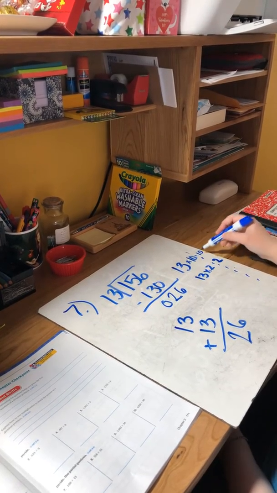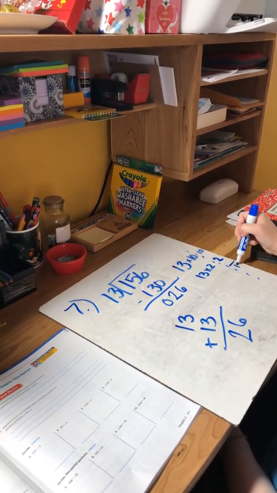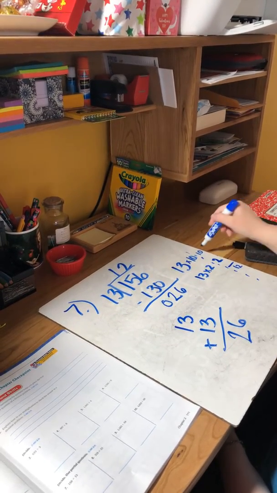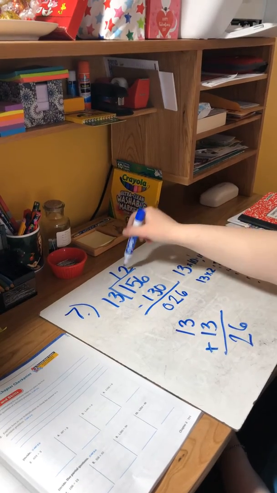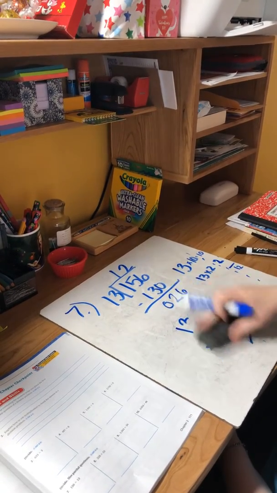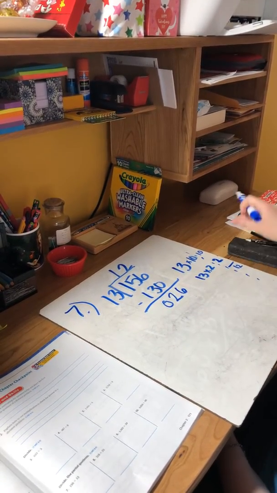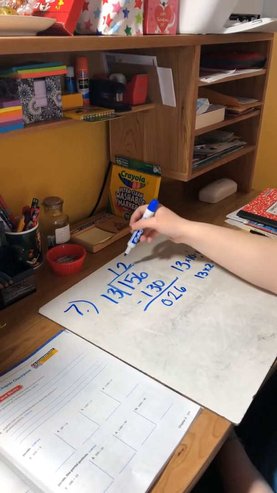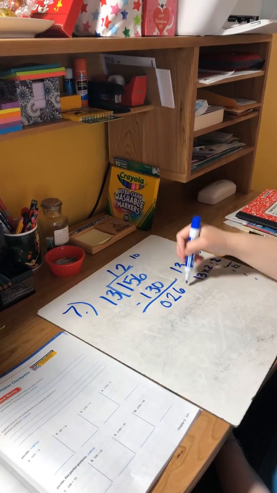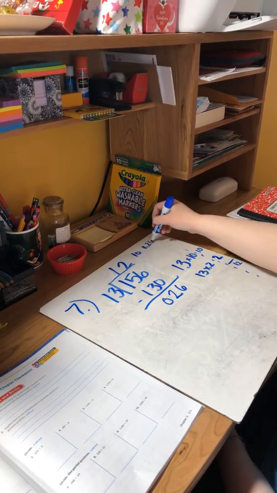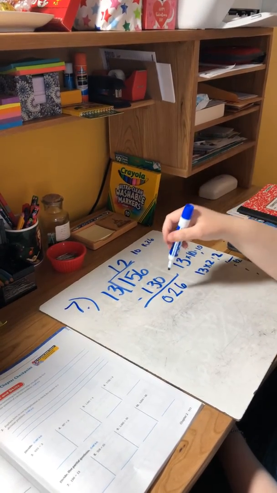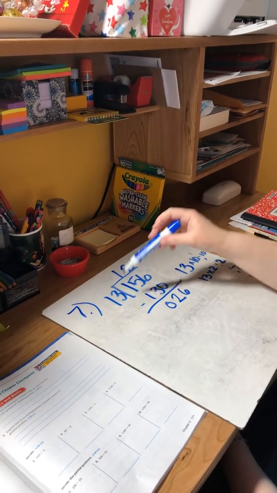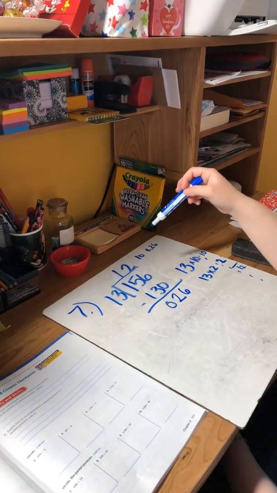So 10 plus 2 equals 12. So I'm going to put the 12 right there because we add these up to find out what that total is. You could also just have like 10 up here. So it would be 10 with a remainder of 26, okay? But you guys know by doing simple math that 13 can go into 26 2 times.